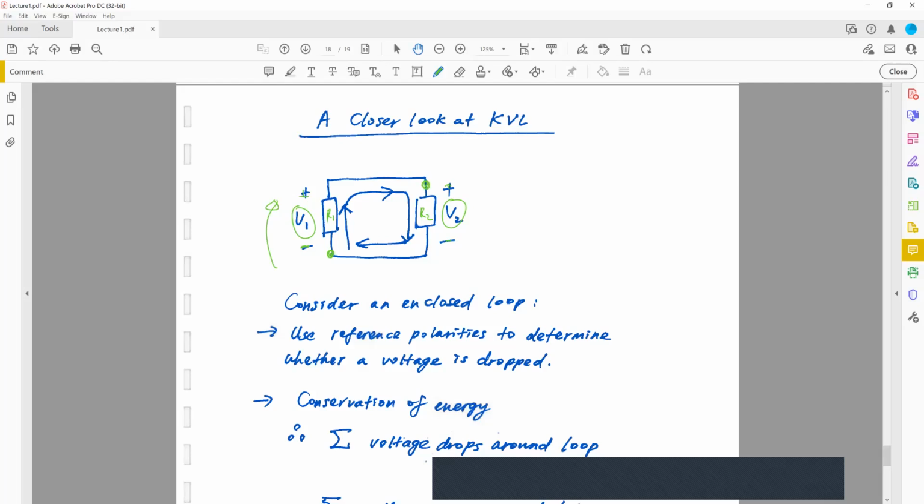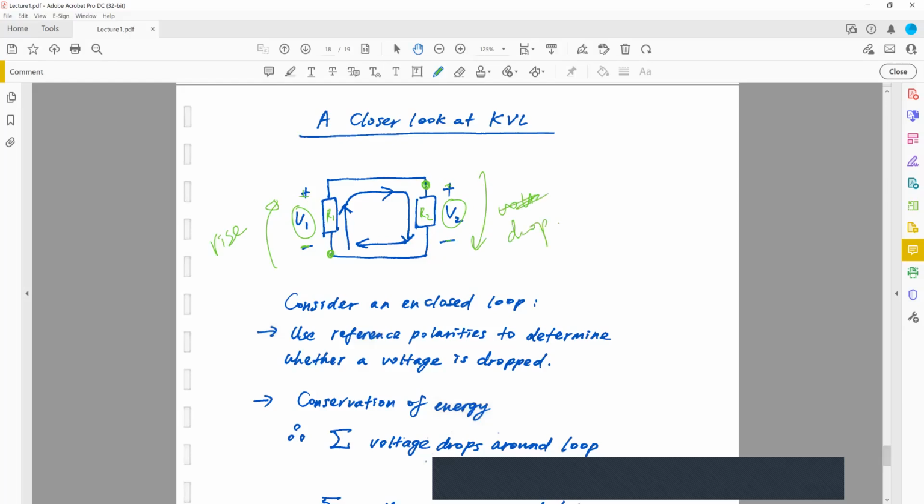When you're over here, you have to go down. You're going from some positive potential, or some positive voltage, down to some negative voltage. So in this case, you have a voltage drop, going from a higher potential to a lower potential. Let me just write it down: rise, and this is voltage drop.